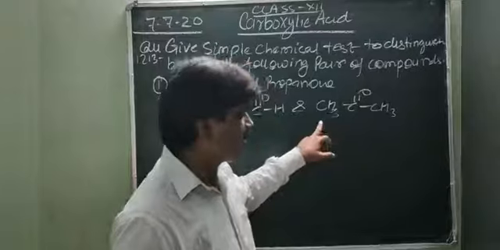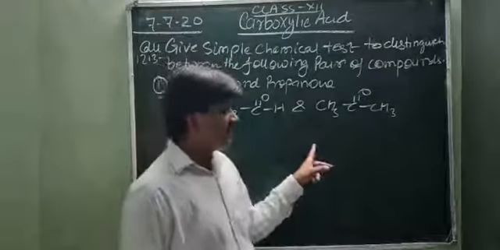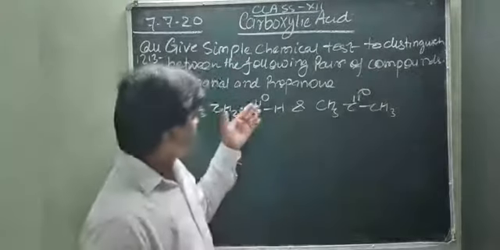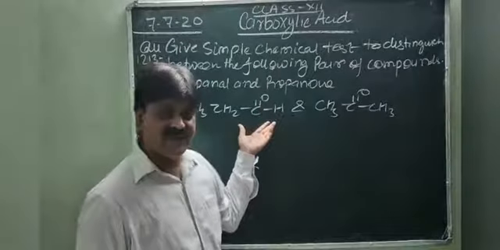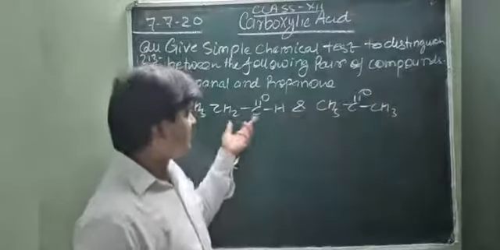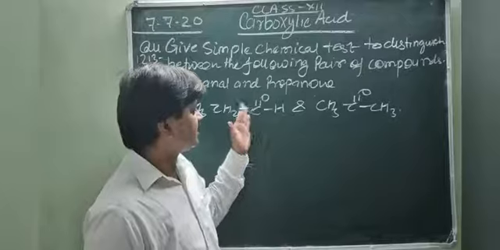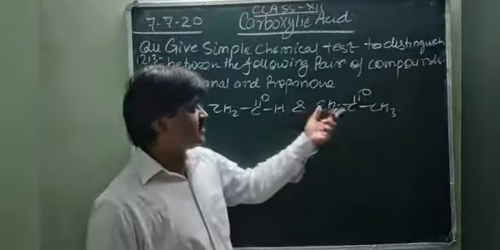You know the Tollens reagent and Fehling solution tests. An aldehyde gives a red precipitate with Fehling solution and the silver mirror test with Tollens reagent, whereas acetone does not give them.